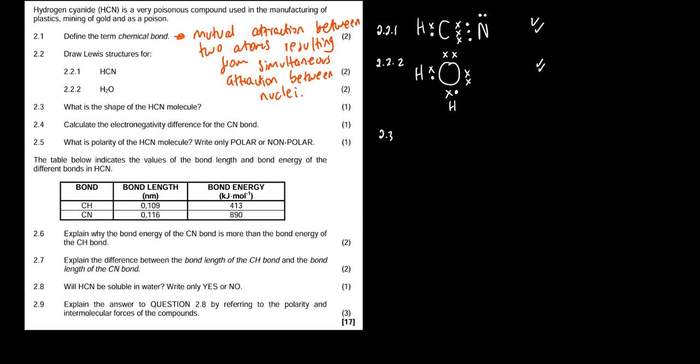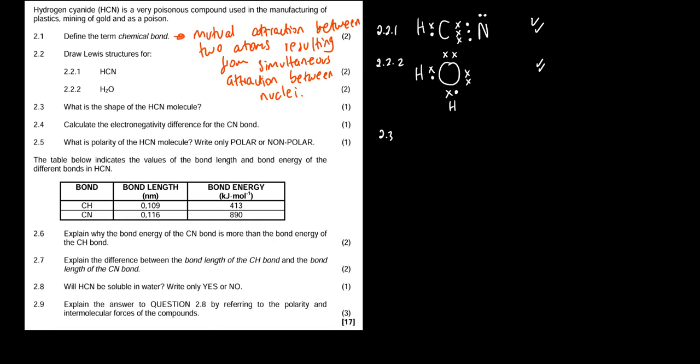All right. Now, in terms of the shapes, you use the valence shell electron pair repulsion theory, VSEPR, but that one I would like us to talk more about.